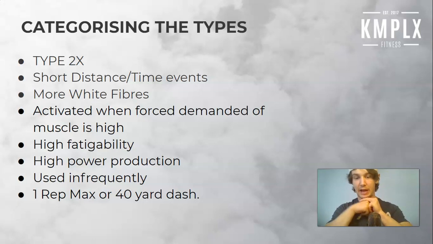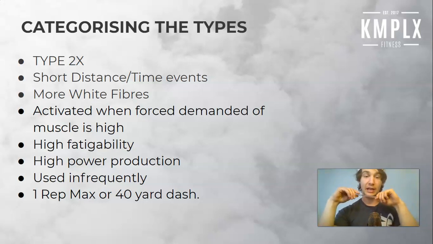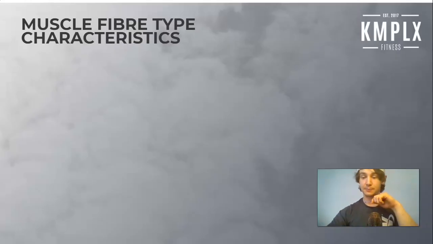You're never really fully recovering to produce that amount of power again, and the main goal is that you are coming into it fully recovered and you're producing that huge power output that you did in the first run. So an event that suits this is your Olympic weightlifter or your power lifter, so someone going for their 1 rep max who's very powerful, or your 40-yard dash. These athletes usually thrive at these things.